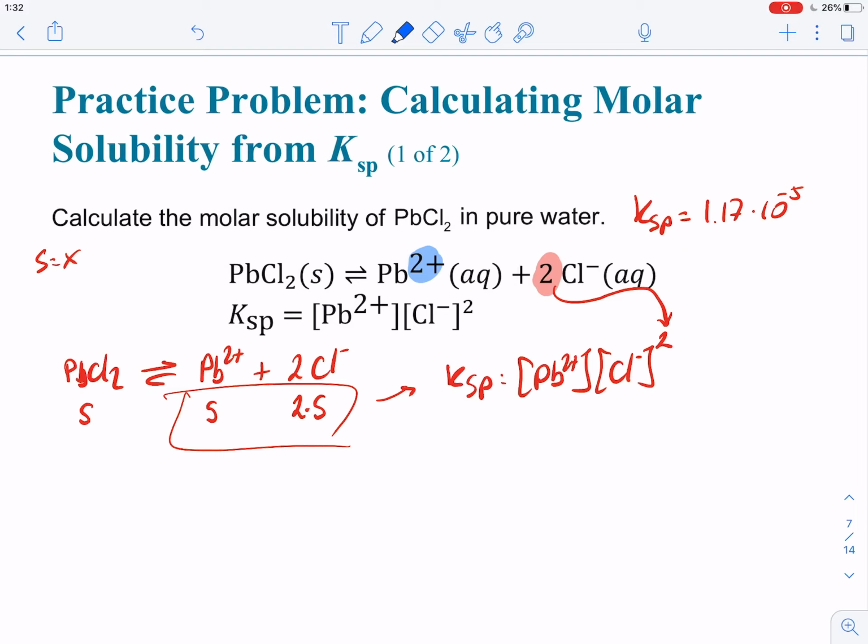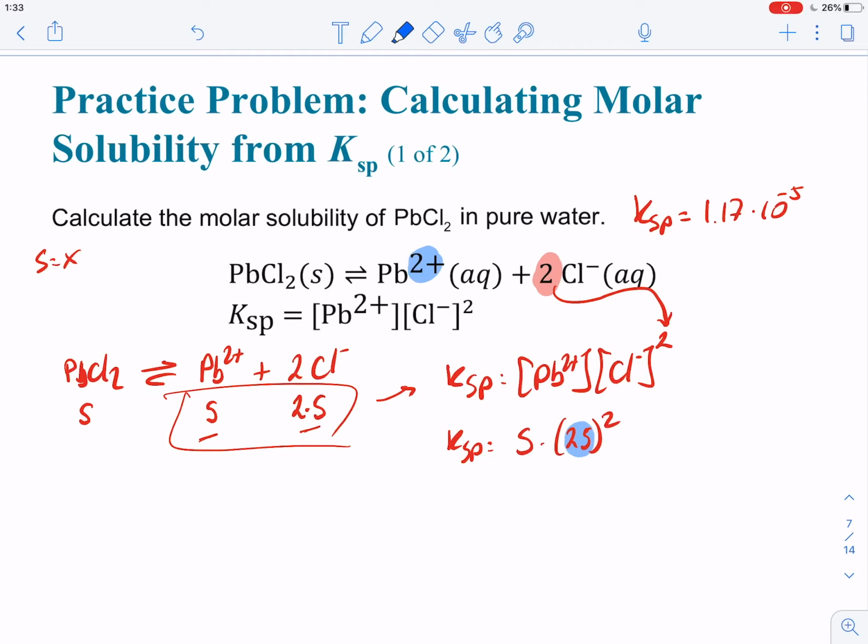So since the concentration of lead is going to be equal to S and the concentration of chloride is going to be equal to 2S, then Ksp is going to be equal to S times (2S) squared. Again, I will ask you to be careful with this here. The whole thing is going to be raised to the power of 2. Okay, because that's the total concentration.